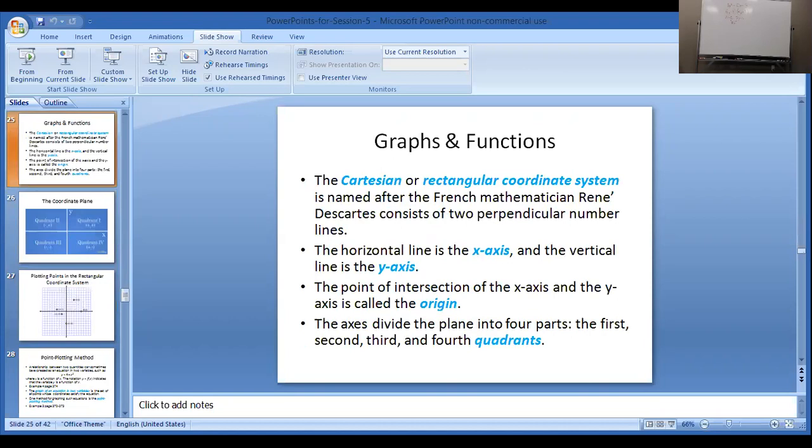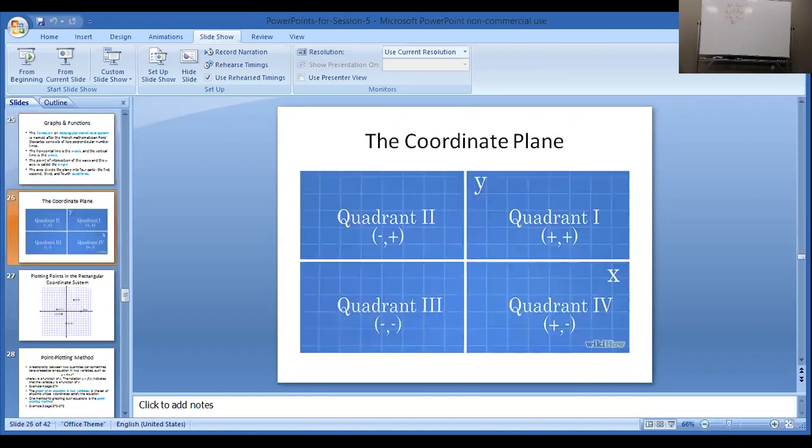Now, graph and function. This is something very easy. Let me just show you. This is basically called the Cartesian system, slide number 26 on your PowerPoint. We have the x-axis and y-axis. X is horizontal, y is vertical. Then we have 4 quadrants.